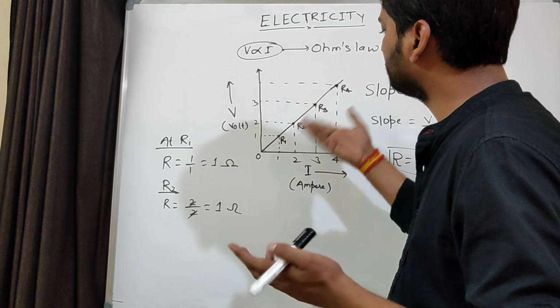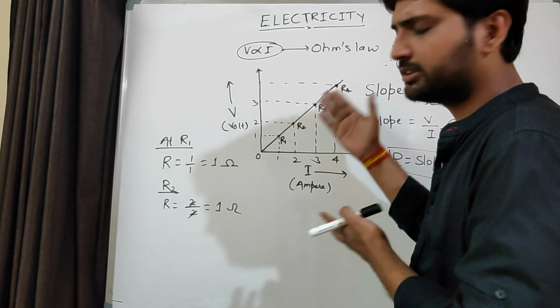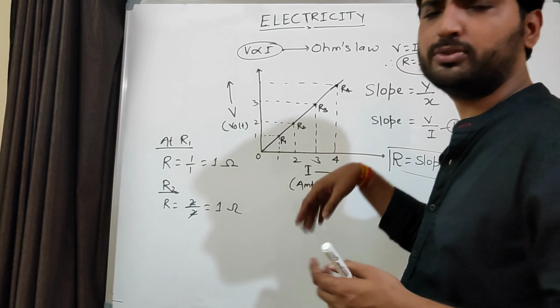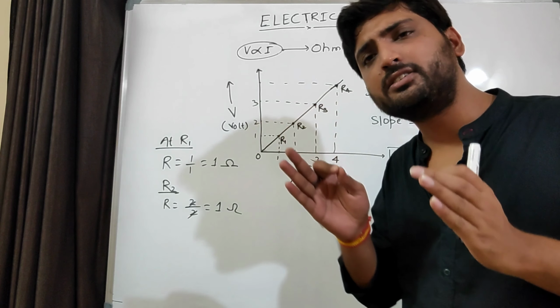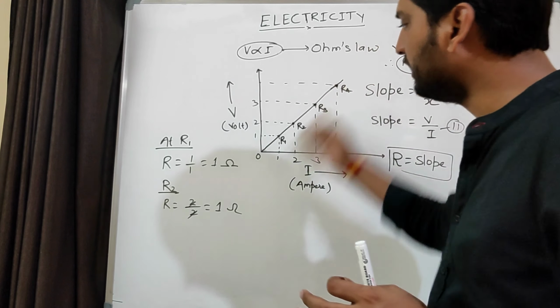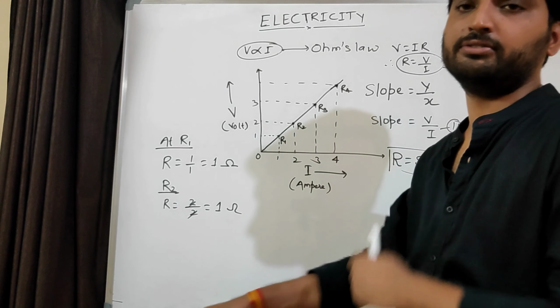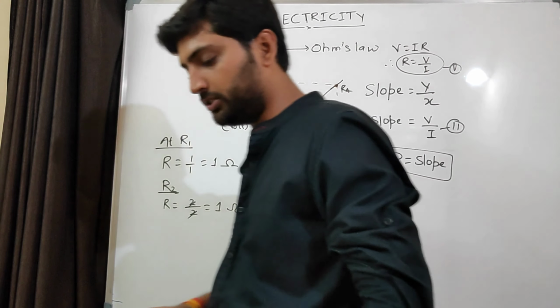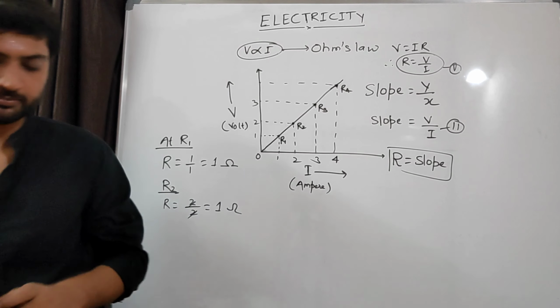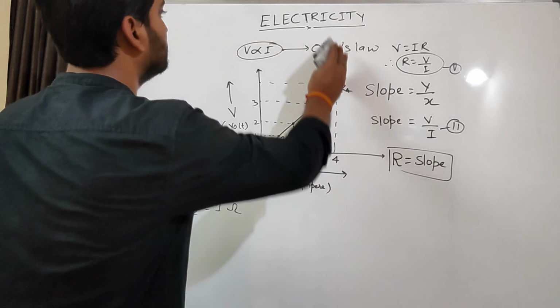You can find it from any one point, R1, R2, R3 or R4, and that value of resistance will be valid throughout this graph. Okay, note it down or take a screenshot.